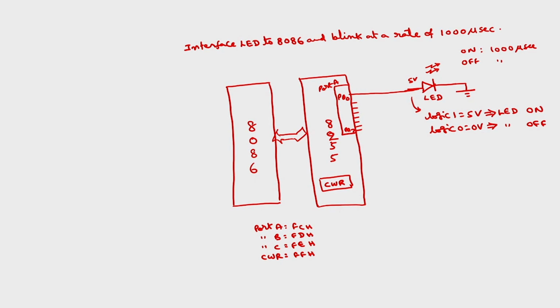Out of the 3 ports we are using port A only, and in port A also I am using a single bit, so you can use bit set reset mode also. Okay. And if you want to use IO mode, you have to set port A as an output port. And which mode? We take simple mode 0.